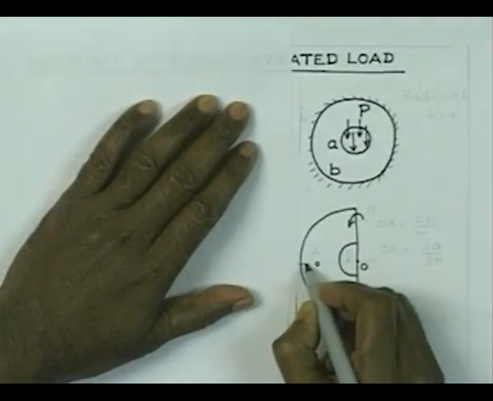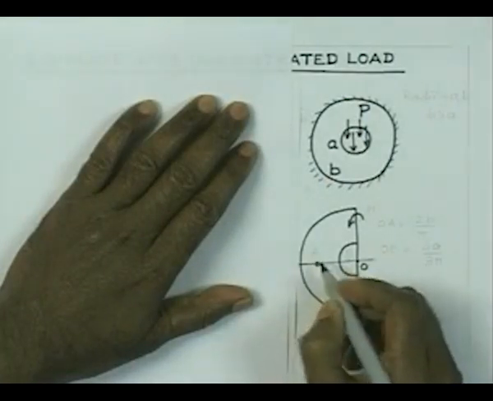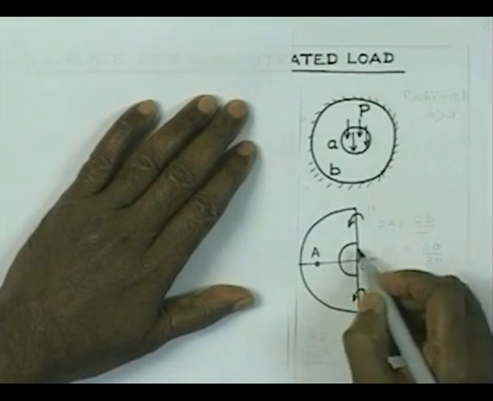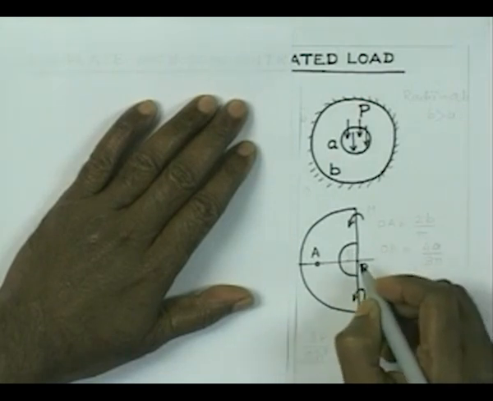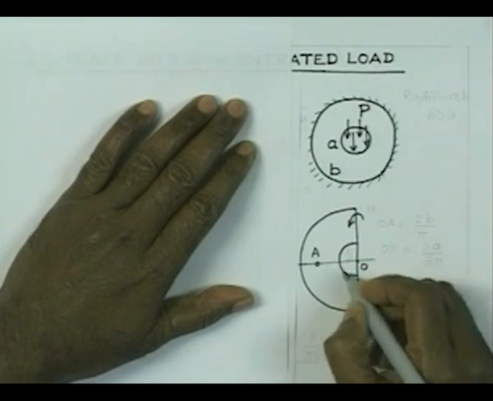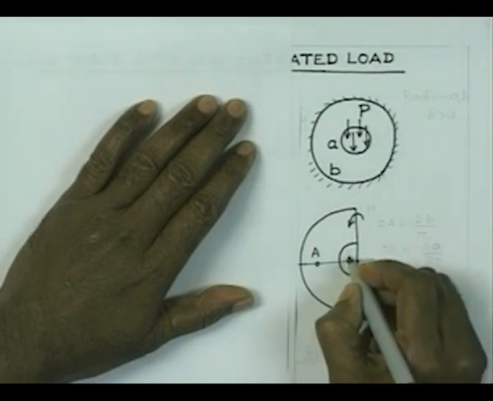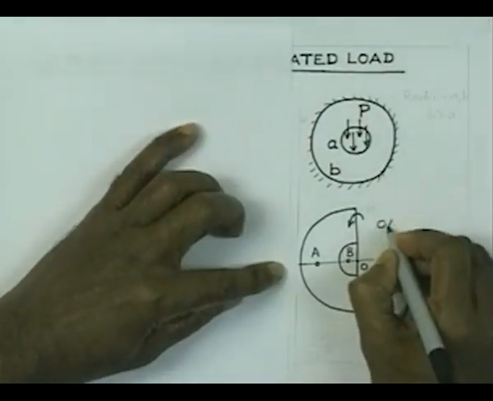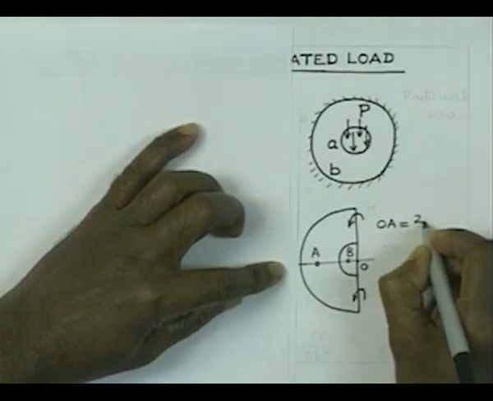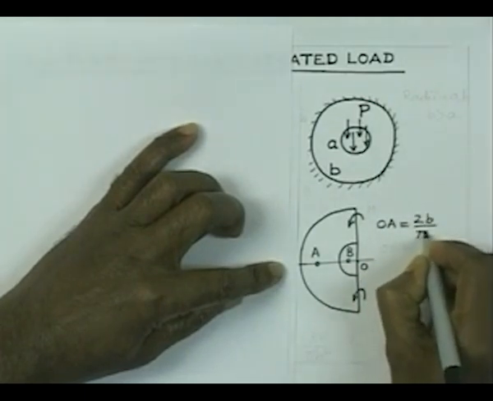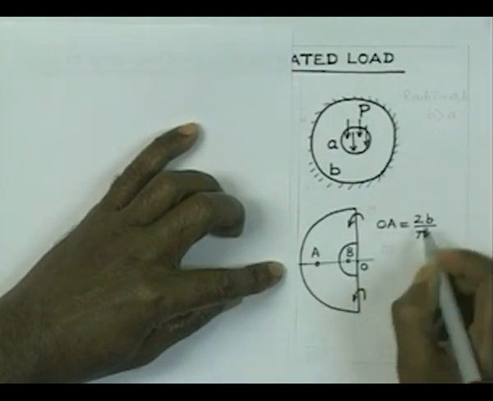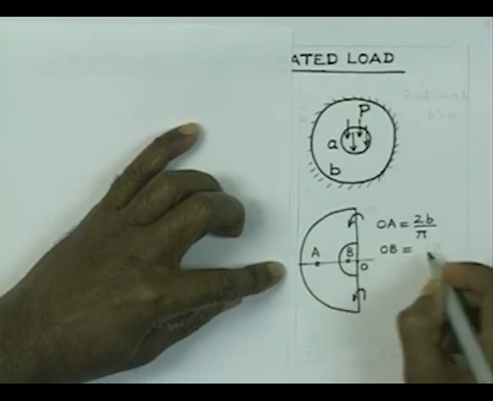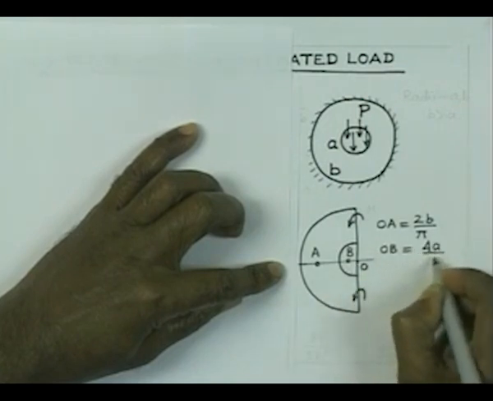Let us consider that it is lying on this radius at a point A. Similarly, the force P, which is distributed over this circle, and therefore P by 2 will be acting over this semicircle, will have the centroid somewhere there, which is B, let us say, and therefore, we can very easily establish that OA is equal to 2b by pi, and OB is nothing but 4a by 3 pi.